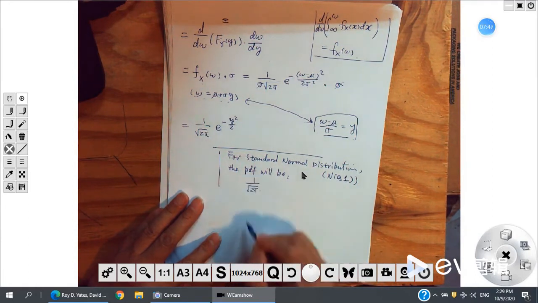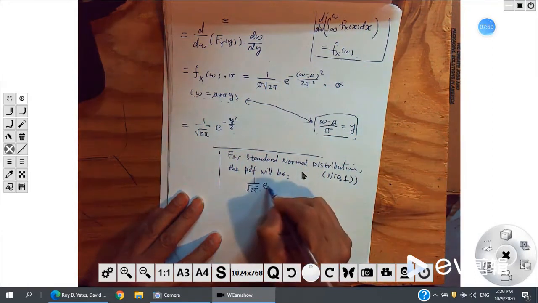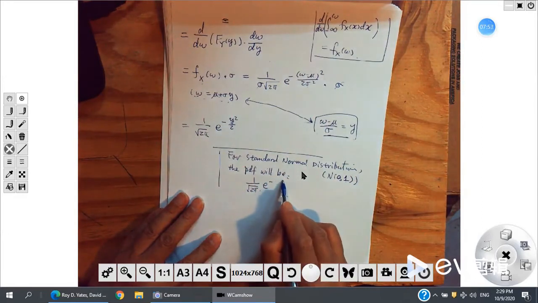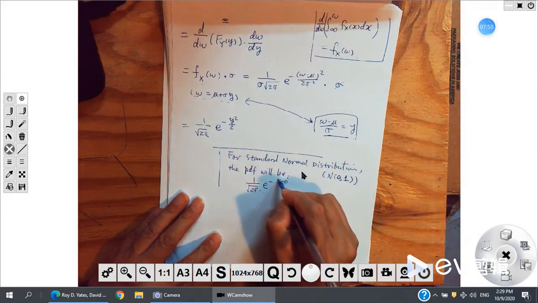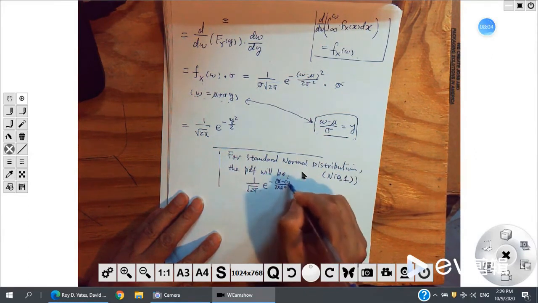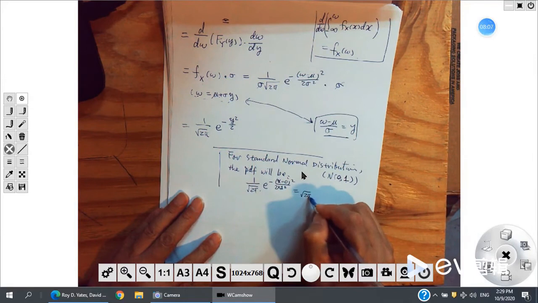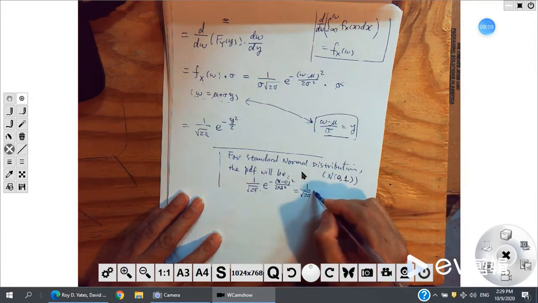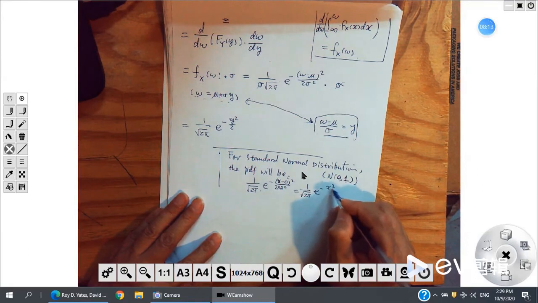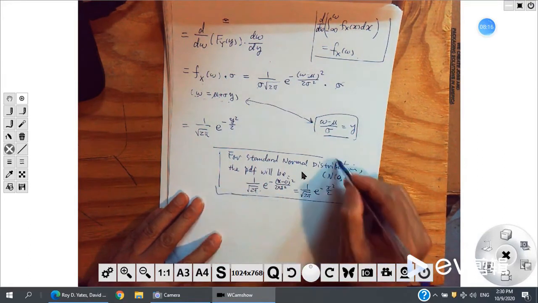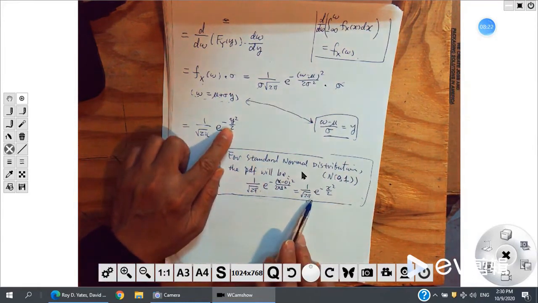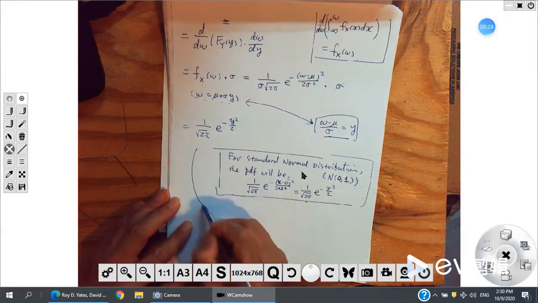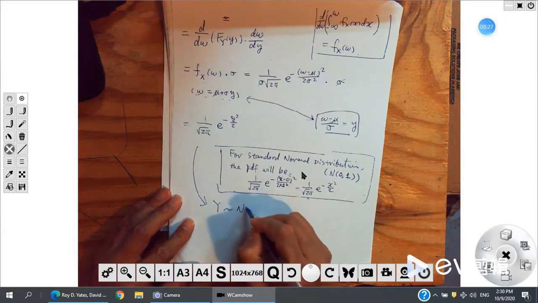Then e to the negative (x minus mu) over sigma, where x minus mu is x and sigma is 1, squared over 2, right? So this is square root of 2 pi in the denominator, and e to the negative x square over 2, right? You see, it is the same, just the variable here I use y. Okay, so Y obeys the standard normal distribution.